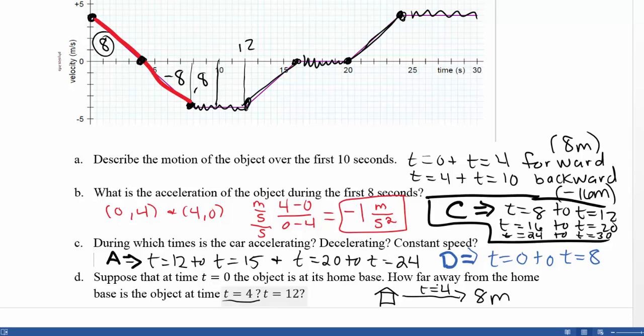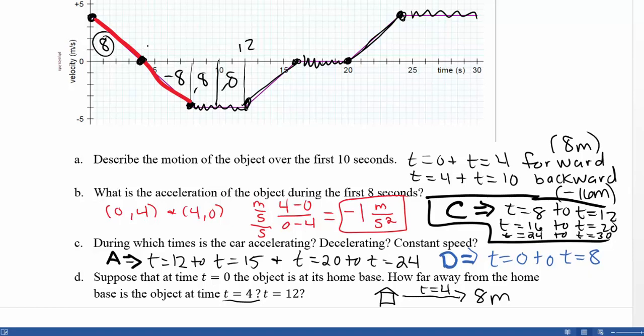At time equals 12, let's look at what happened. So we went that 8 meters in this direction, but then we turned around and we're going a whole bunch of meters back in the opposite direction. So we need to figure out the area between 10 and 12. We've already figured out the area before that, and then we can add those all up. So from 10 to 12, that's got a width of 2 and a height of -4. So that's another -8.